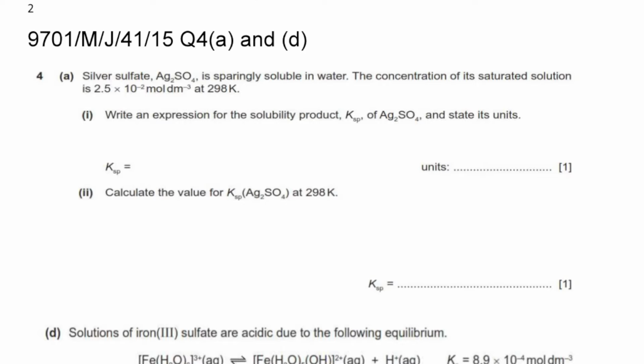Okay, so if we were to write the solubility product, first let's write the equilibrium reaction for its dissociation. So we can write Ag2SO4 in equilibrium with 2 Ag plus plus SO4 2 minus.